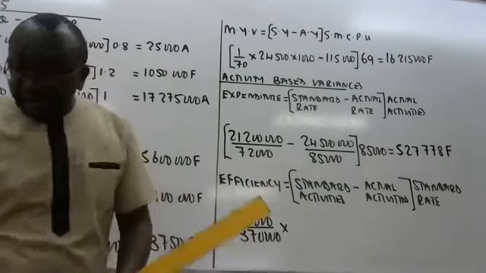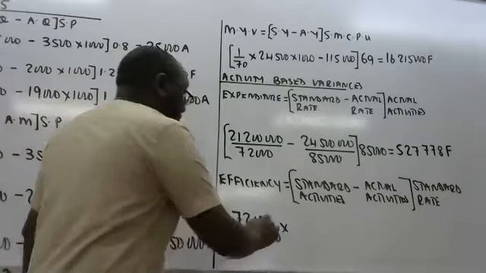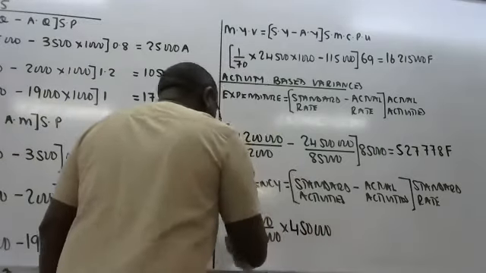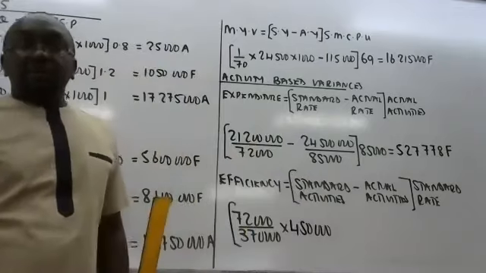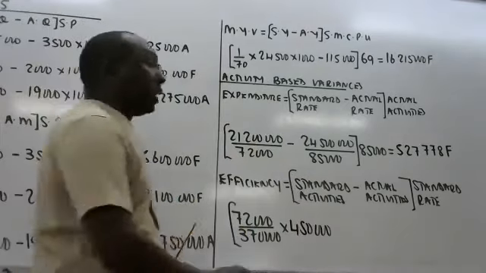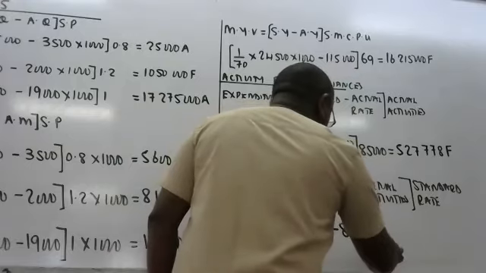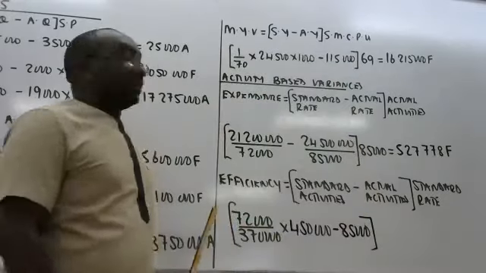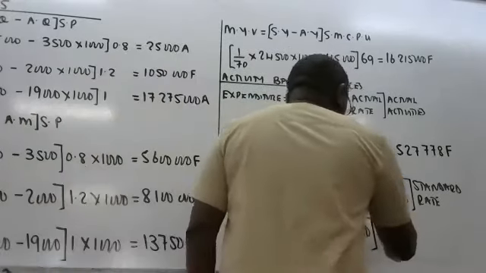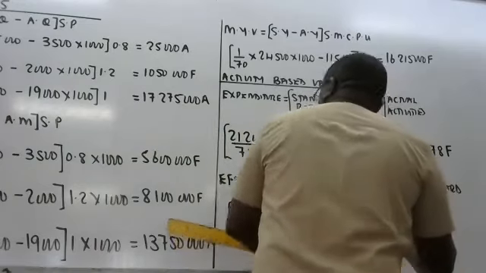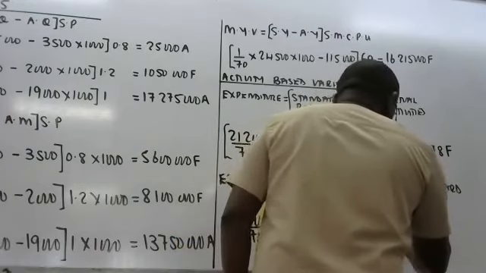You multiply by the actual units that we produced, which were 450,000. Then you minus the actual setups that were used. The actual setups are 85,000. And the standard rate is 21,200,000, you divide by 72.